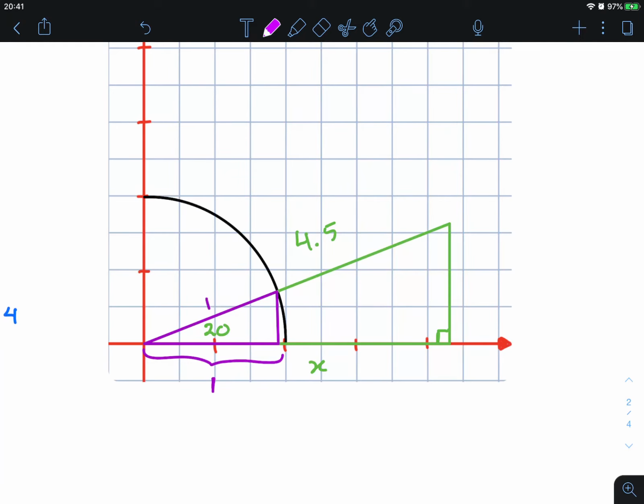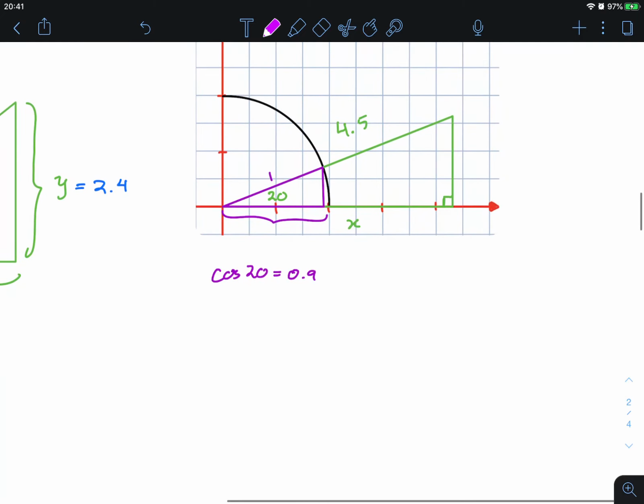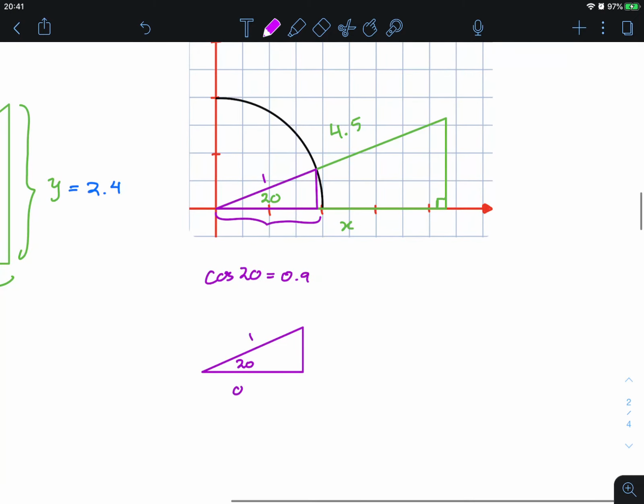Let's say that's about 0.9. So cosine of 20 is 0.9. Because now when we draw that smaller purple triangle, it actually looks like this, where that's 20, that's a radius of 1, and this length here from the unit circle is 0.9.